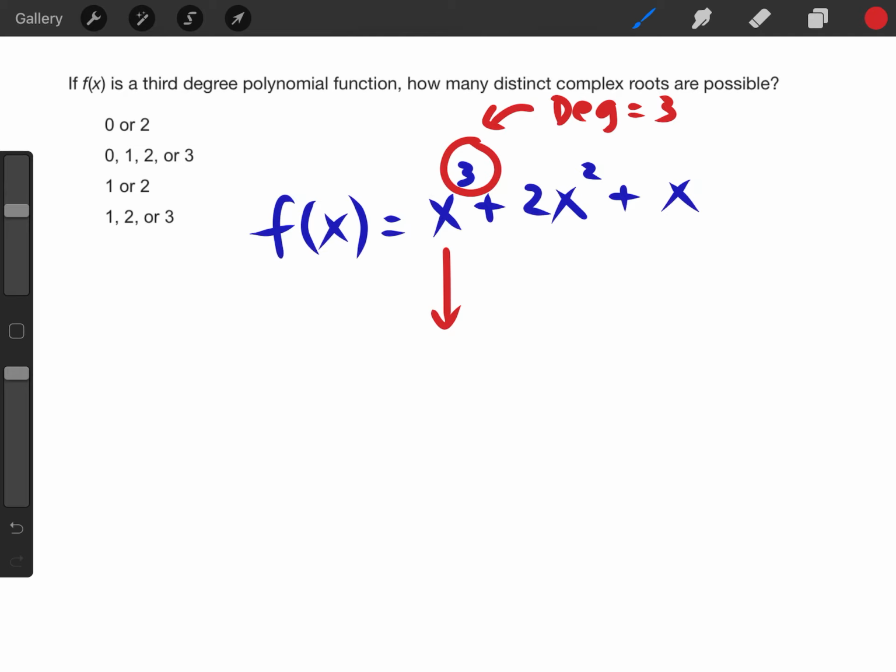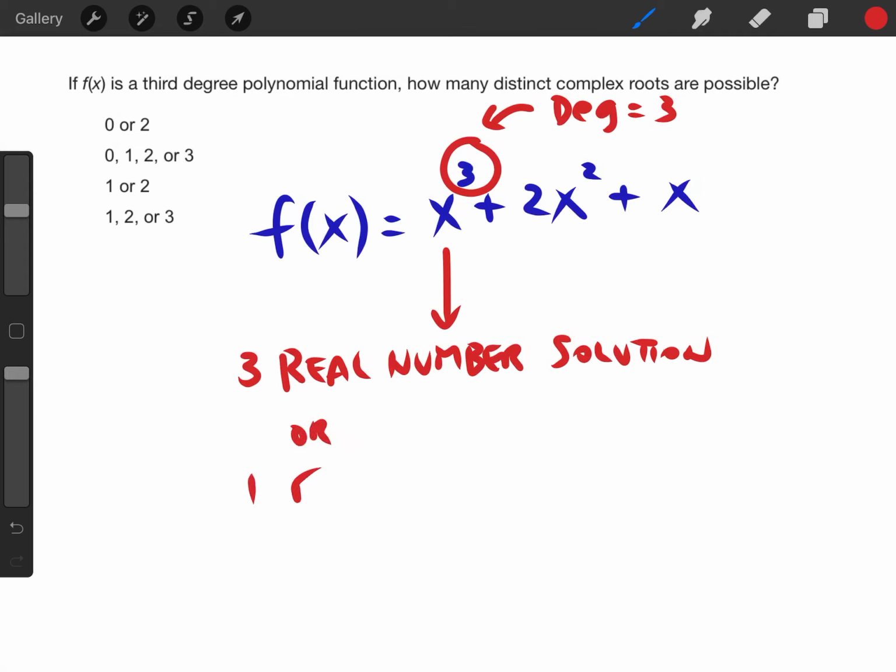So you could have 3 real number solutions, or the theorem tells you that you could have 1 real number solution. If I have 3 real number solutions, and because the degree is 3, the total number of solutions can only be 3.